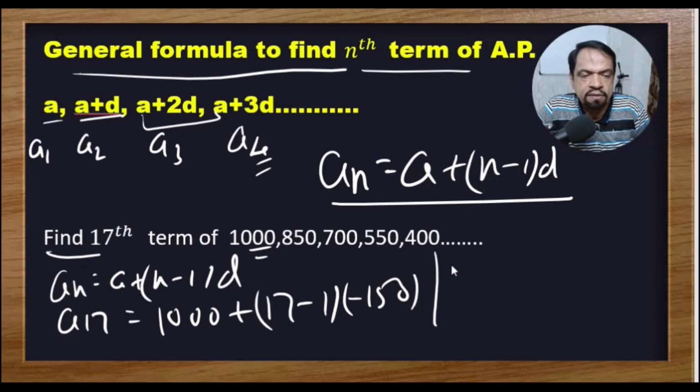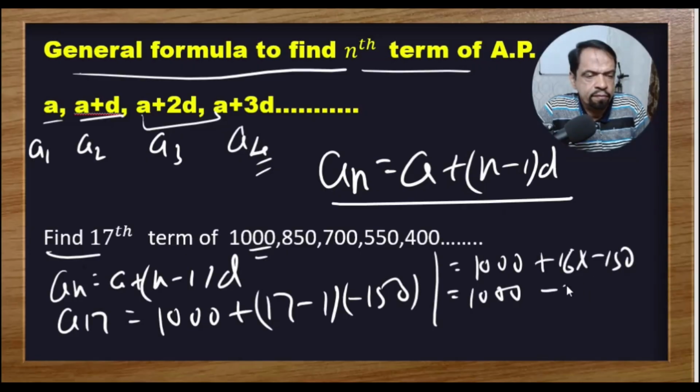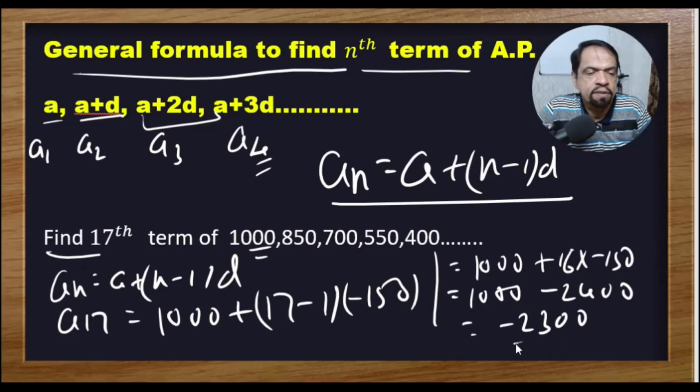So if we solve this, 1000 plus 16 into minus 150, minus 2400, so it means minus 1400. So this is the 17th term of this AP.